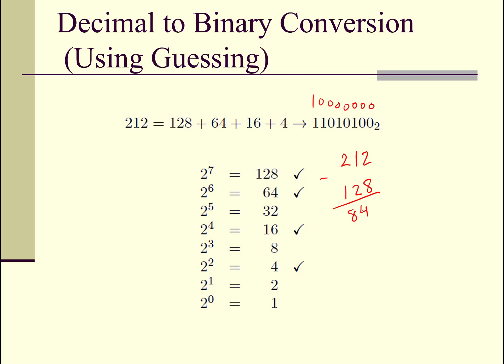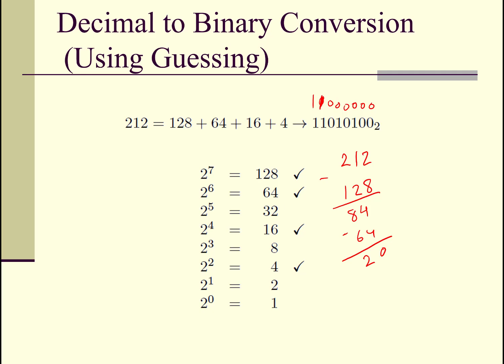It's 64, right? So here minus 64, and 64 is 2 to the power of 6. So I will add here 1, which is 2 to the power of 6 in this digit, and I will do the subtraction here, which will give 20.